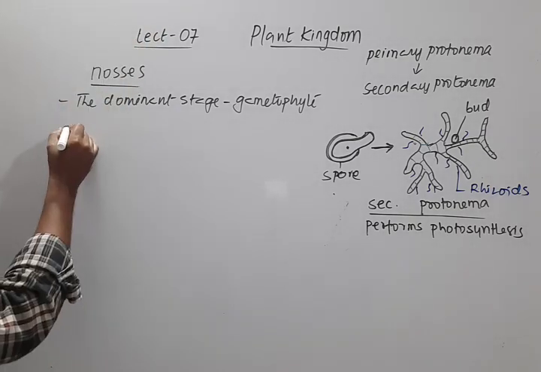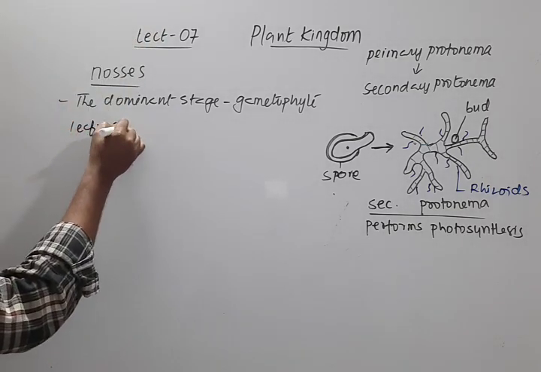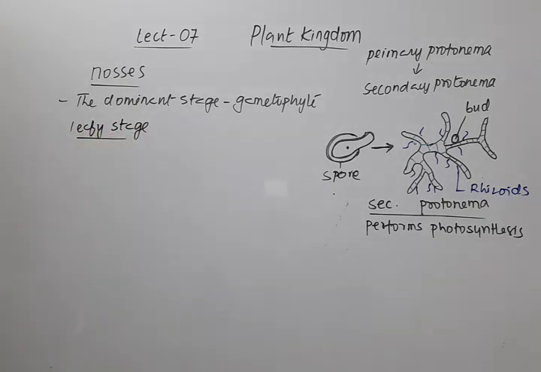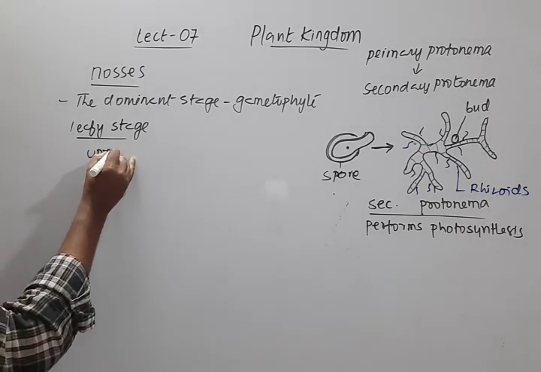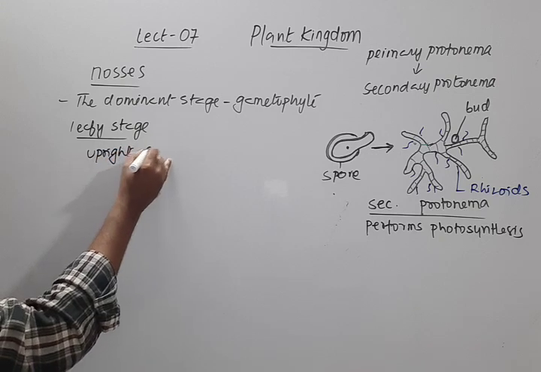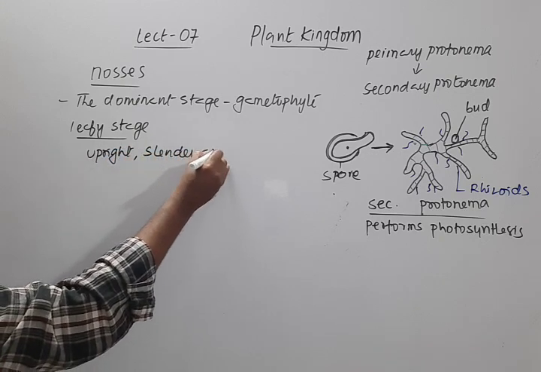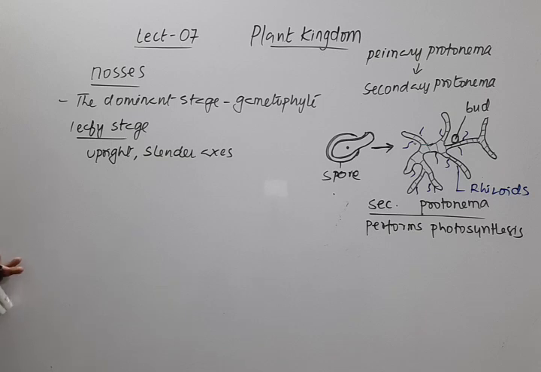So let's look at this leafy stage. So coming to this leafy stage, right? This consists of an upright slender axis. Slender, which means thin.